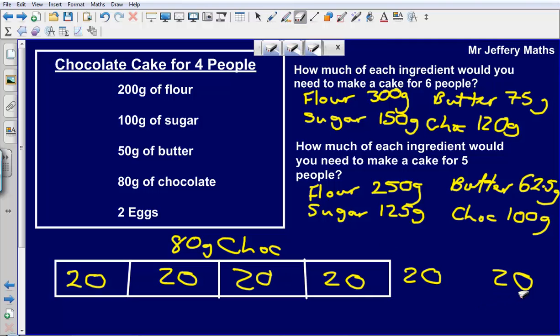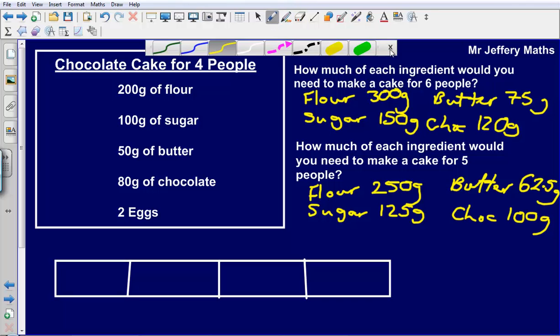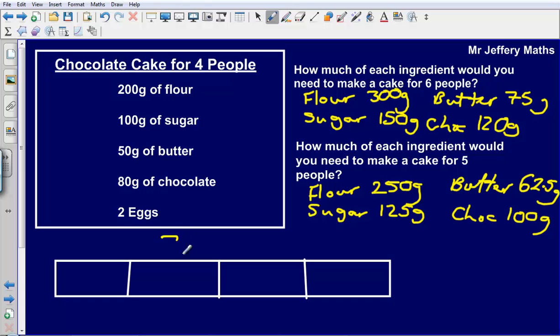And then lastly, for 2 eggs, my bar is now representing 2 eggs. If I split these 2 eggs into 4, that's going to give me half an egg used up on each person. And so for 6 people, I'm going to need another 2 halves on top of that.